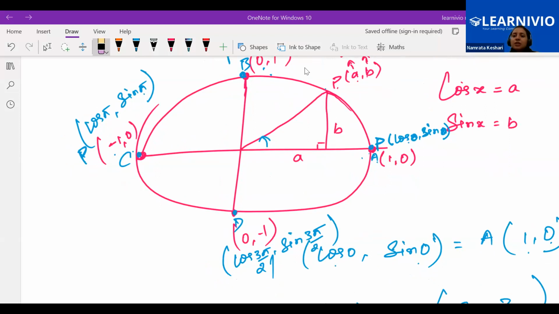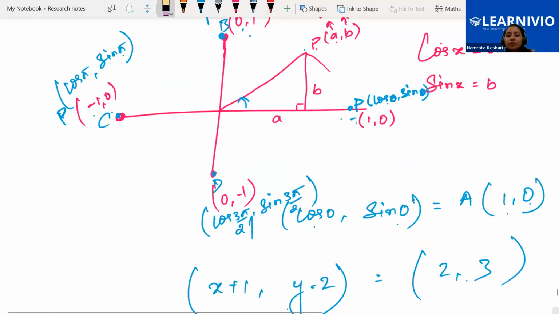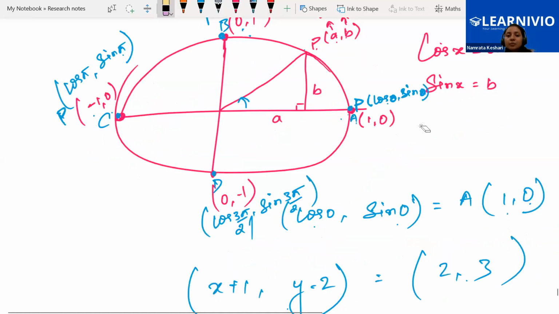Got it? Similarly, if I ask you what is cos 2 pi, what is sin 2 pi? Cos 2 pi is 0 and sin 2 pi is 1. Is it so? Please be careful. Ali, what is cos 2 pi? What is sin 2 pi?